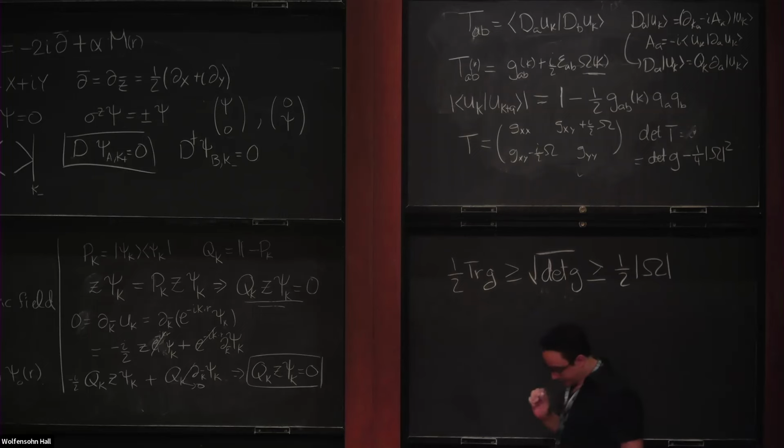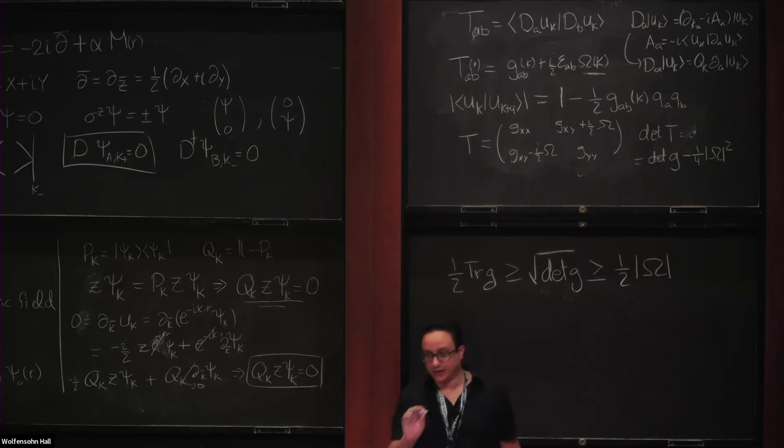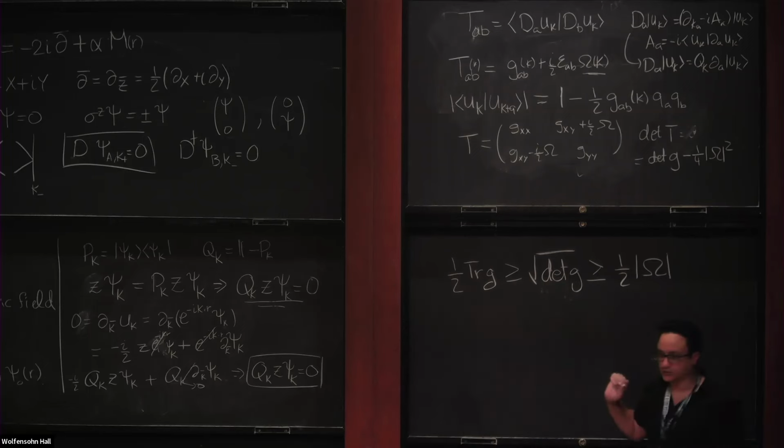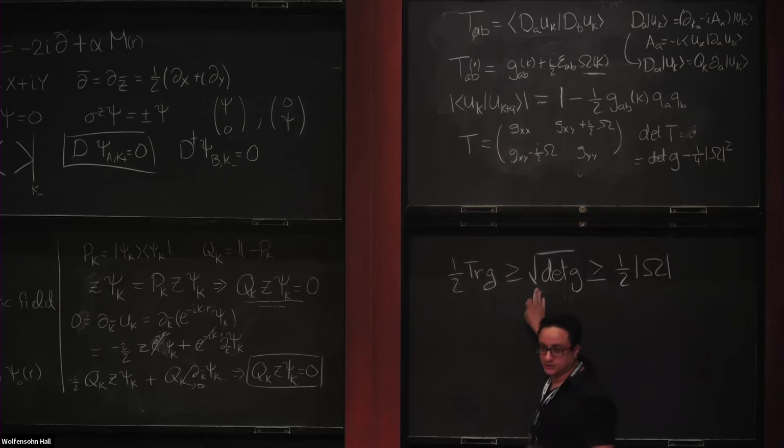But a much more powerful condition happens if both of these inequalities are saturated. If I have two numbers where the arithmetic mean is equal to the geometric mean, the two numbers have to be equal. So if the two inequalities are saturated, the two eigenvalues of G have to be equal. So G has to be proportional to the identity.